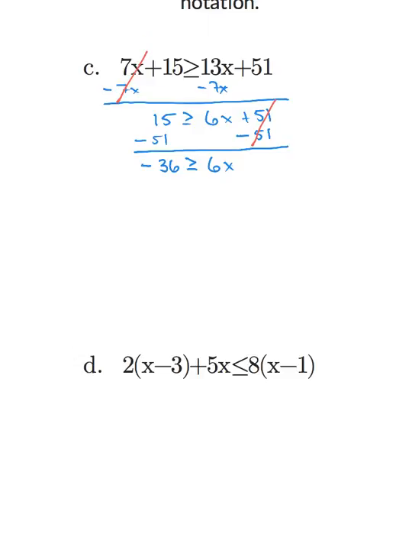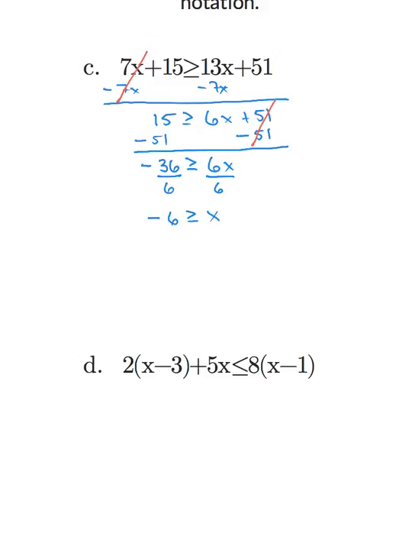My 51s on the right cancel. From here, we can divide by 6. Since this is a positive 6, we do not need to flip the inequality. So we get negative 6 is greater than or equal to x.